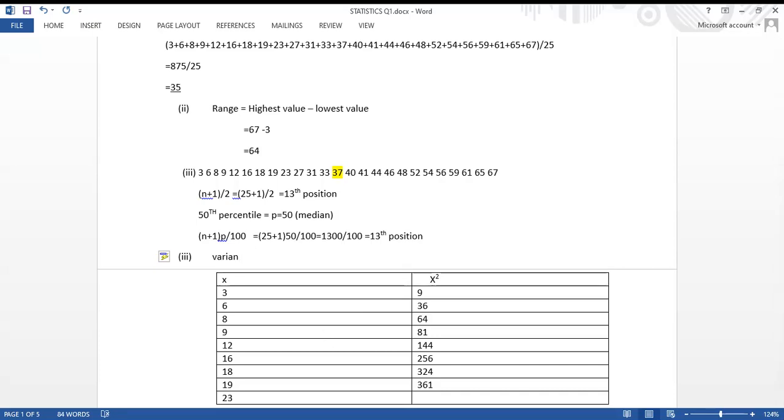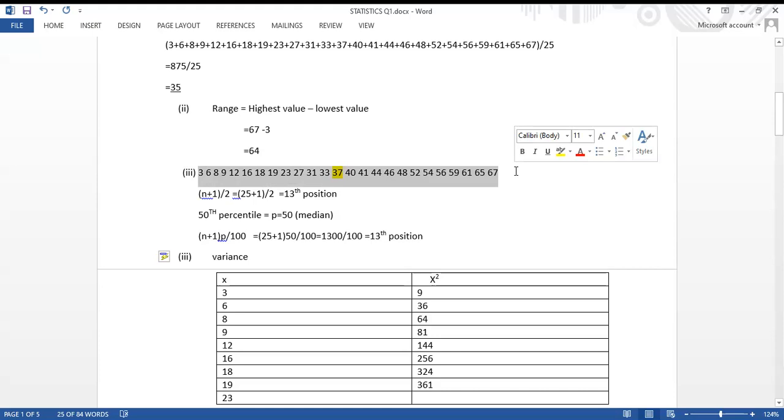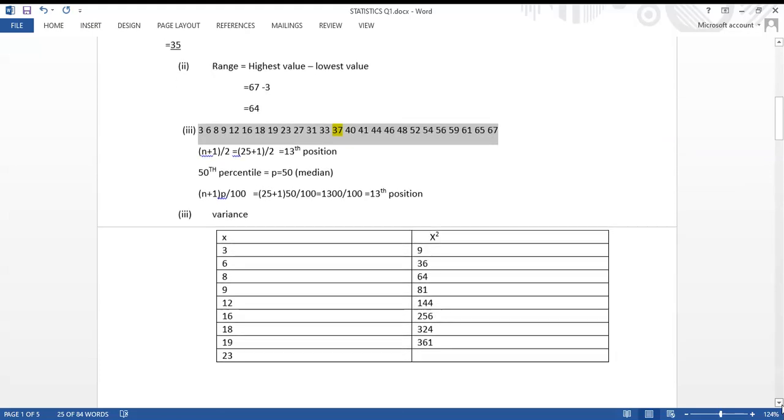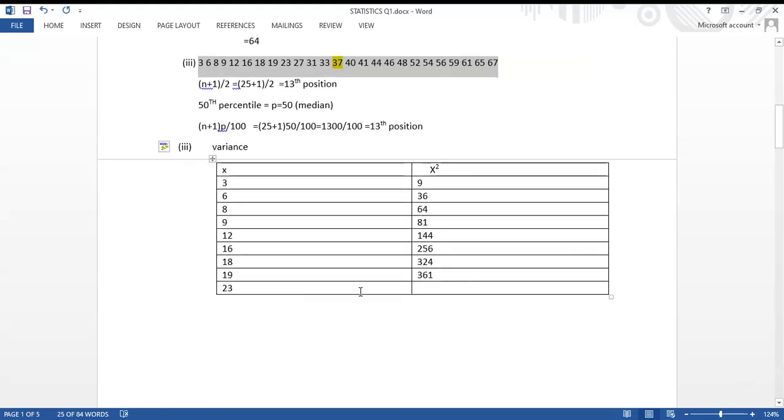Are we okay with that? We are getting each of these values and squaring them. Then we're going to put them into the formula. We're just trying to calculate the variance. Can we proceed?